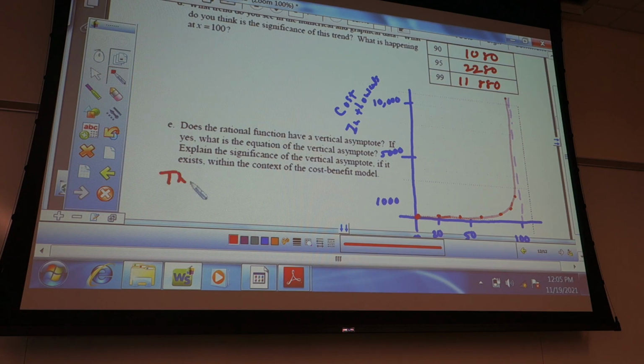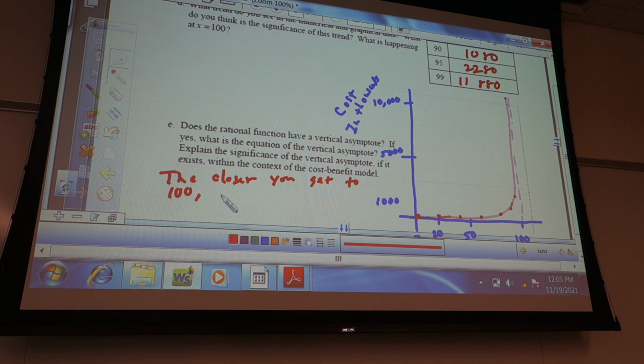So the closer you get to 100, the cost explodes.